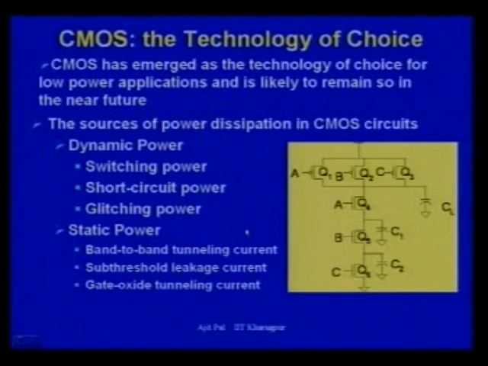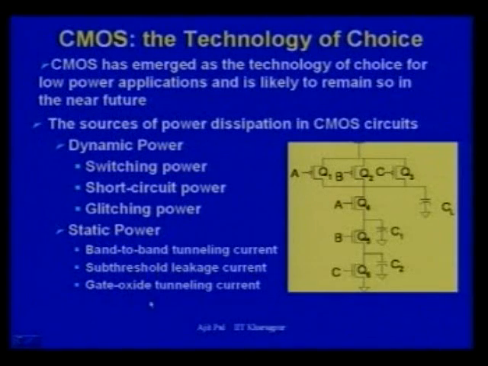Conventional static power dissipation is not present in a CMOS circuit. As you know, in a CMOS circuit either the PMOS transistors are on or the NMOS transistors are on, so there is no direct current path from the power supply to ground. That's why there is no conventional static power dissipation, as is present in NMOS, TTL, and other types of circuits.